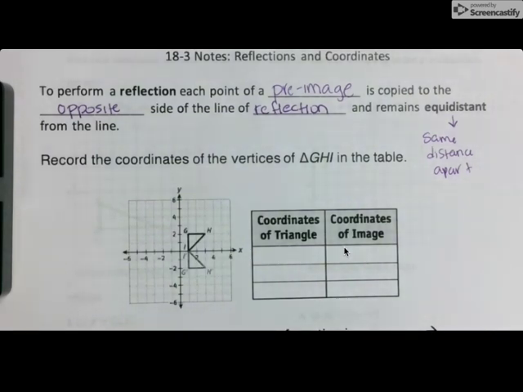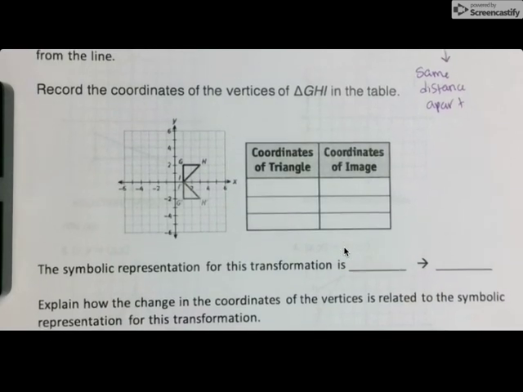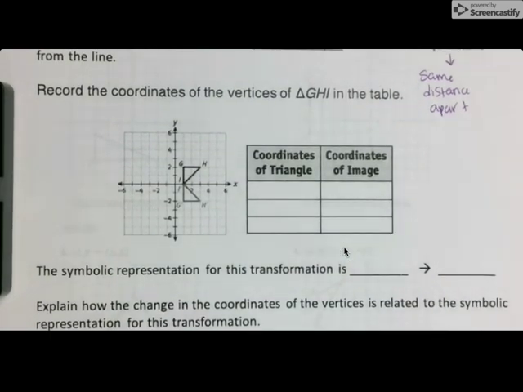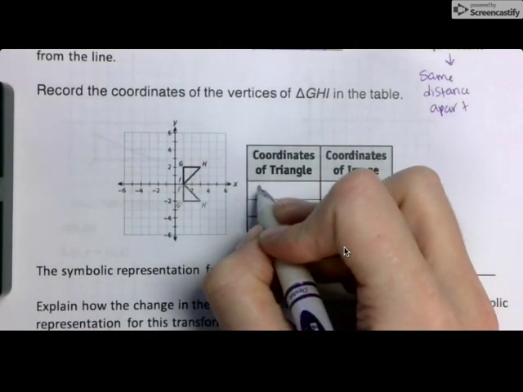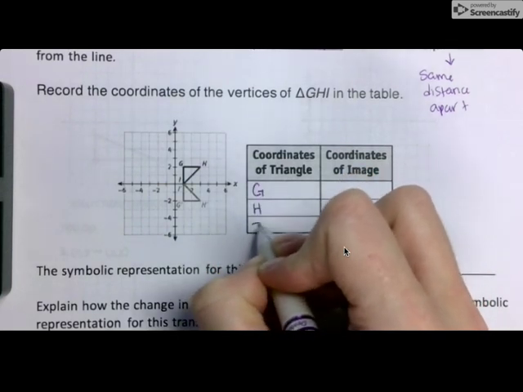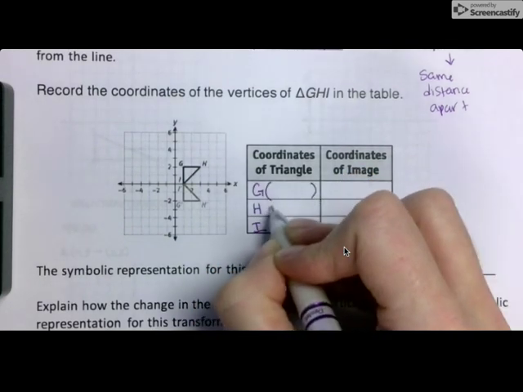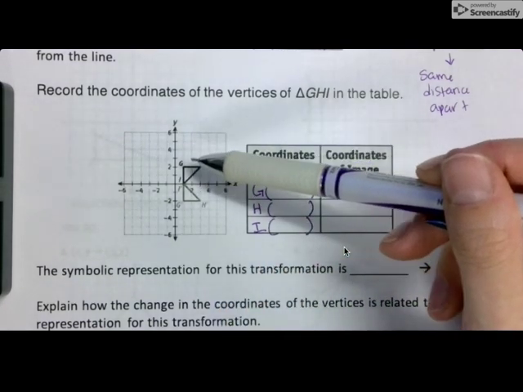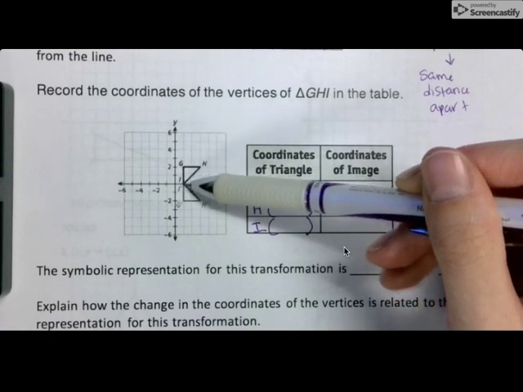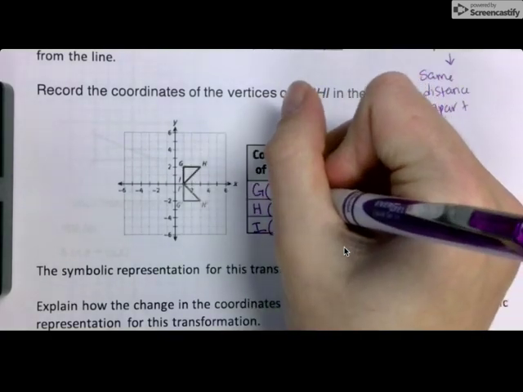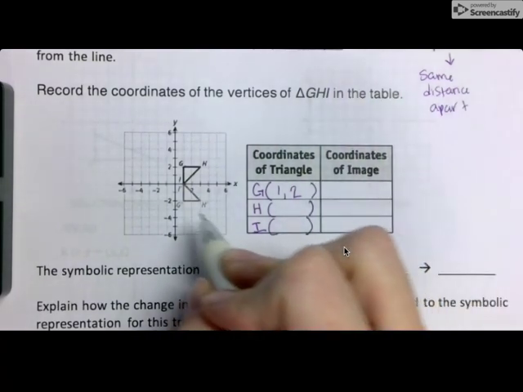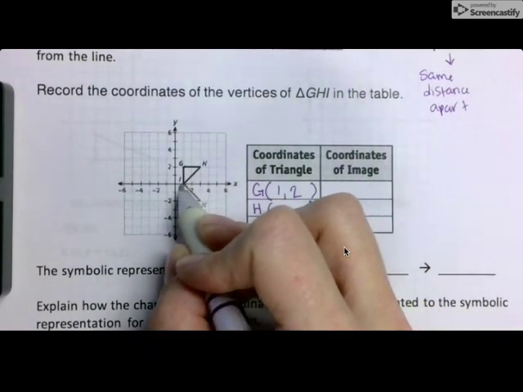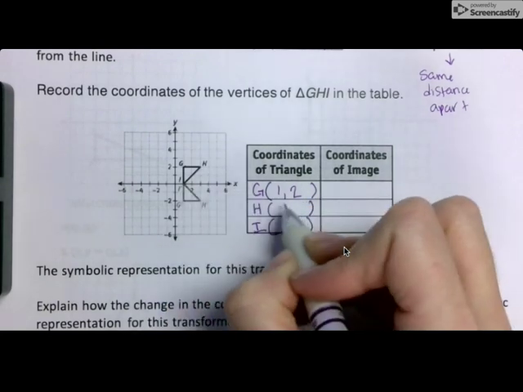So just like we started with on the very first page, let's go through and let's write what G, H, and I's coordinates are. Okay? So it says G is at +1, +2. H is at 3, +2.